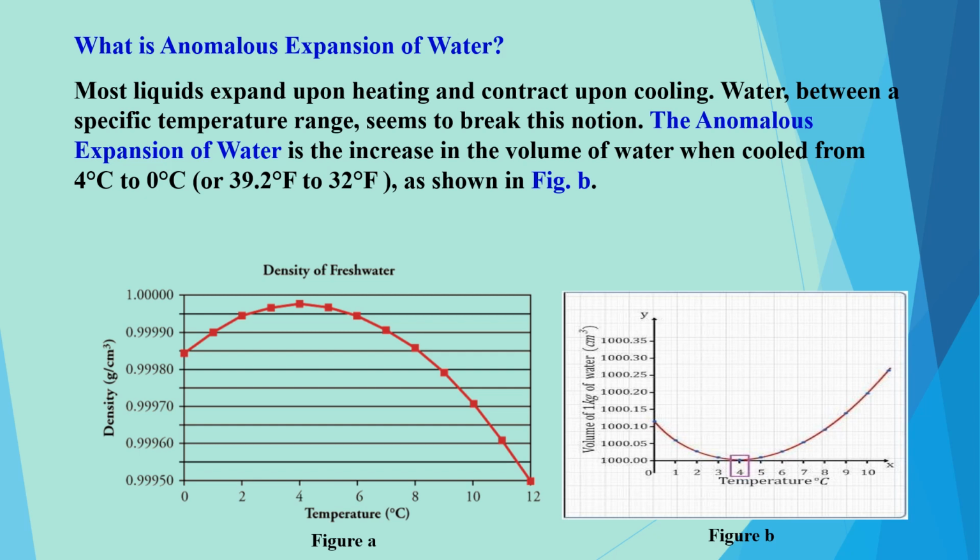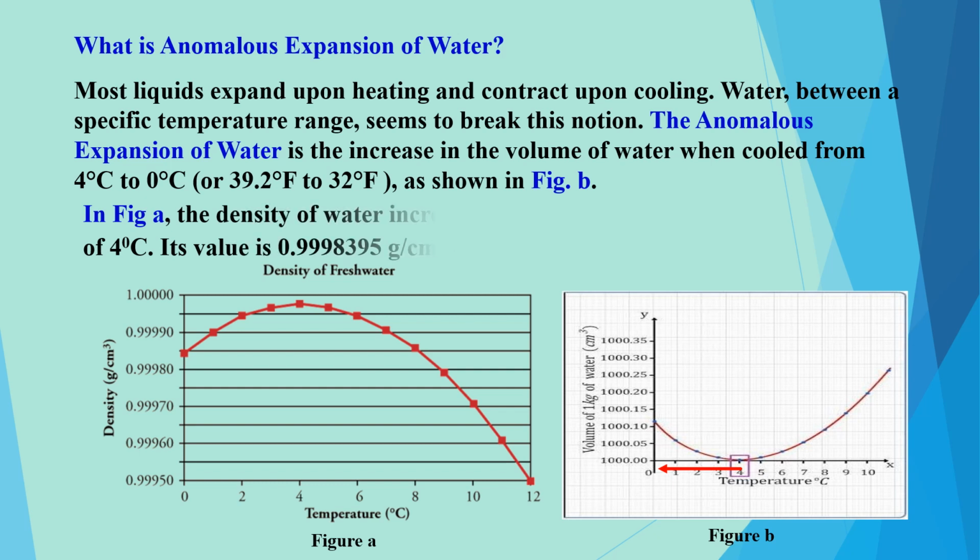Water between a specific temperature range seems to break this notion. The anomalous expansion of water is the increase in the volume of water when cooled from 4 degrees Celsius to 0 degrees Celsius, or 39.2 degrees Fahrenheit to 32 degrees Fahrenheit, as shown in Figure B.